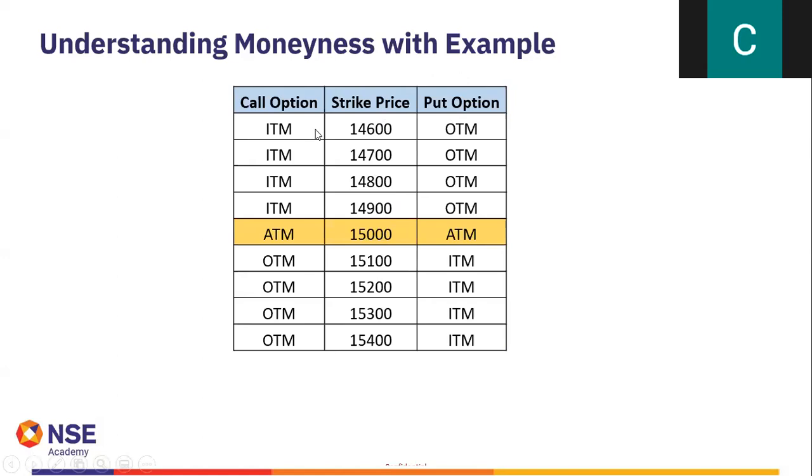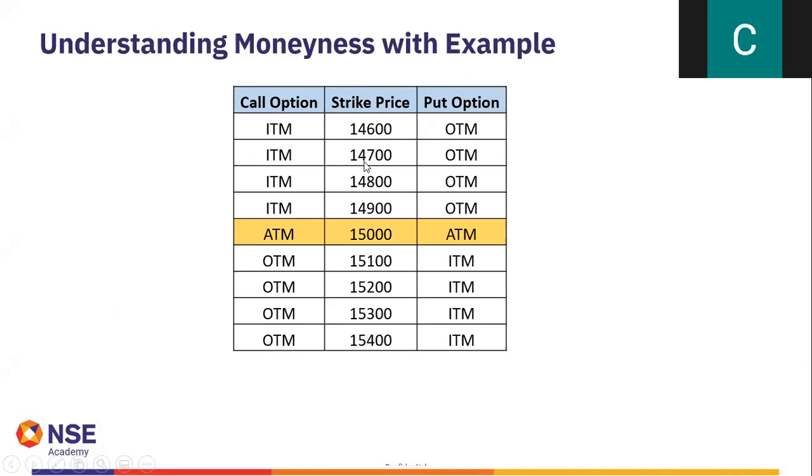Say I have taken a contract with a strike price of 14,600. On that closing date, that is today, since the value is 15,000, I will be making a profit of 400 because it's a call option. I will buy it at 14,600, sell it at 15,000.